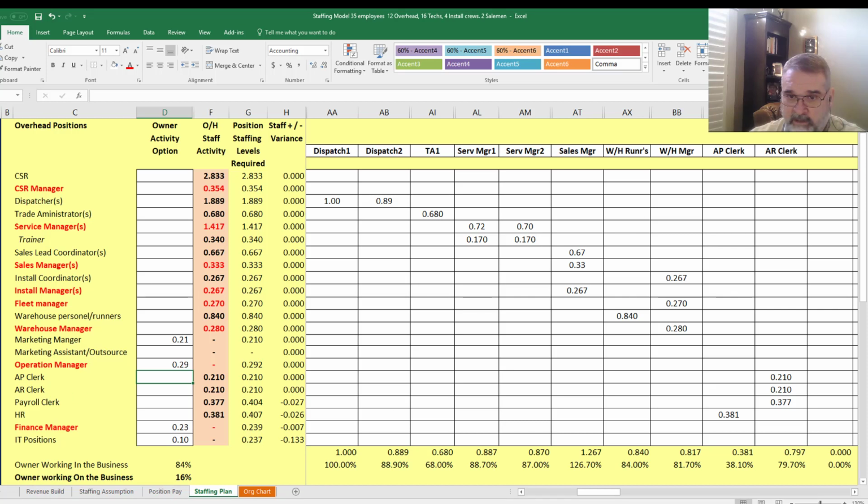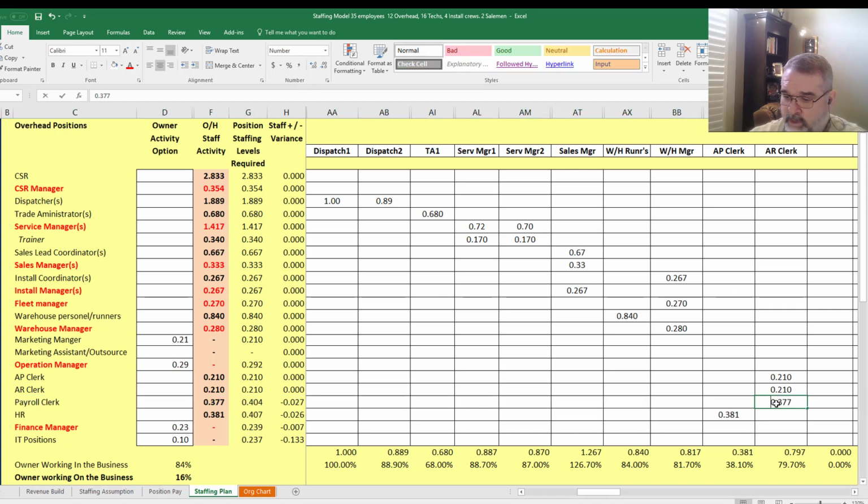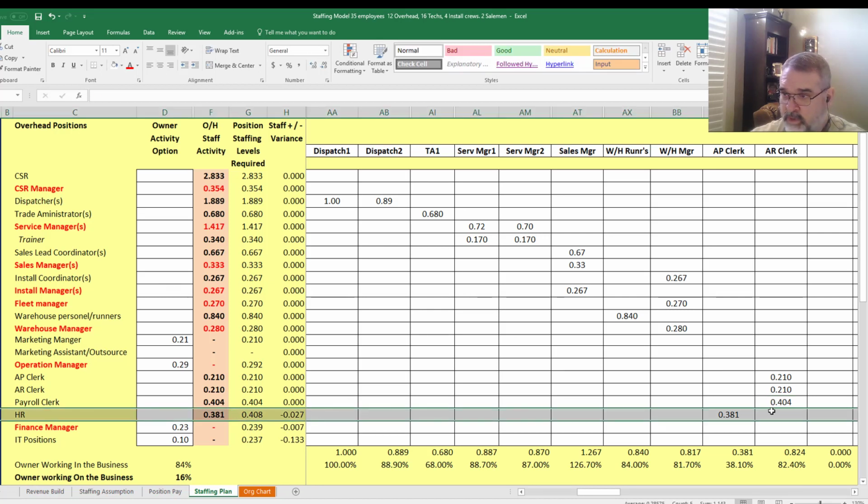And the payroll clerk now goes to 0.404. 0, and then HR jumps to 0.408.